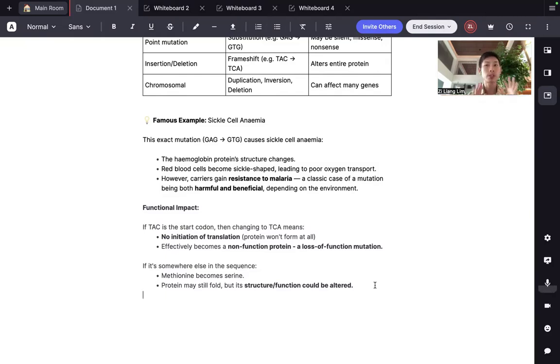Okay, that's enough with mutations and types of mutations. Let us get into the types of mutagens.